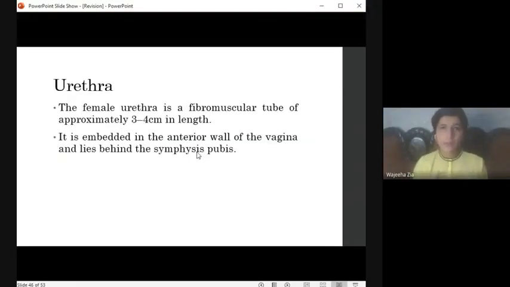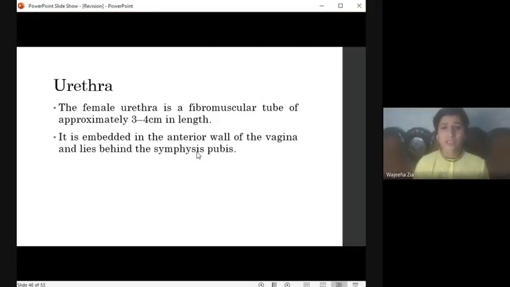Now, the trigone is connected to the outside with the urethra. There is a difference between the male urethra and the female urethra. The female urethra is just responsible for the movement of urine, and the male urethra is responsible for more.